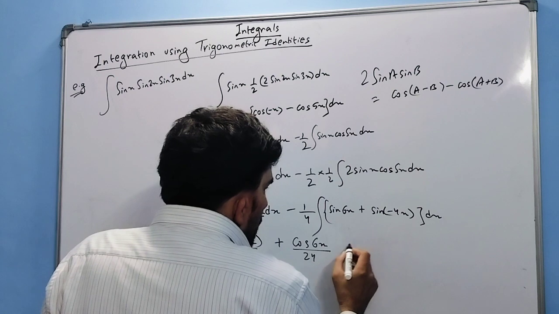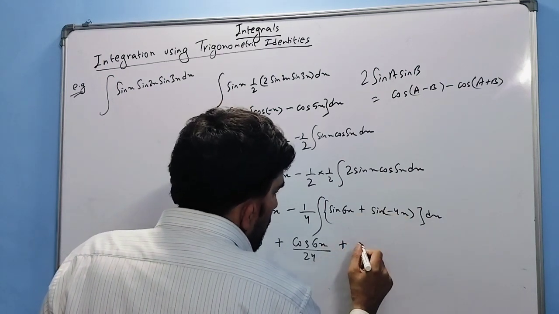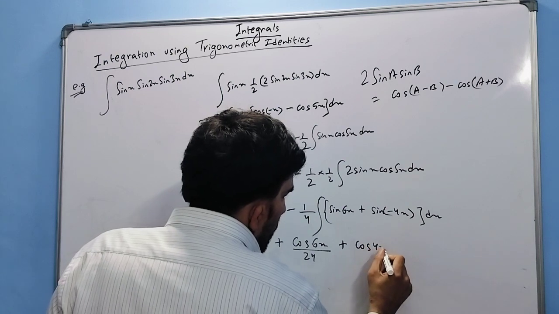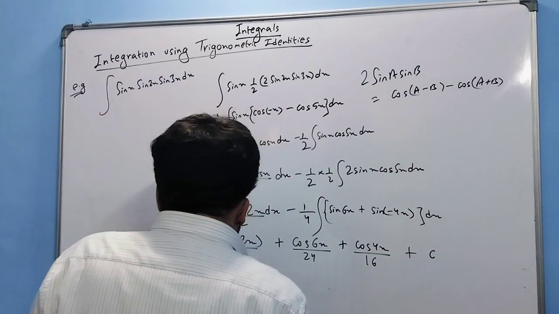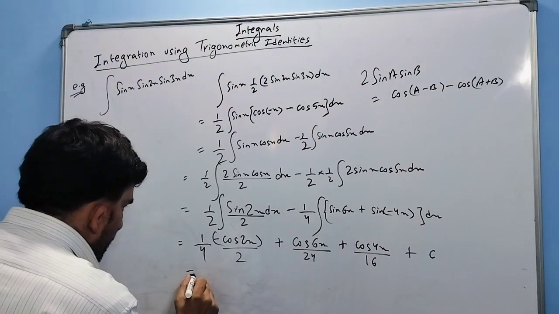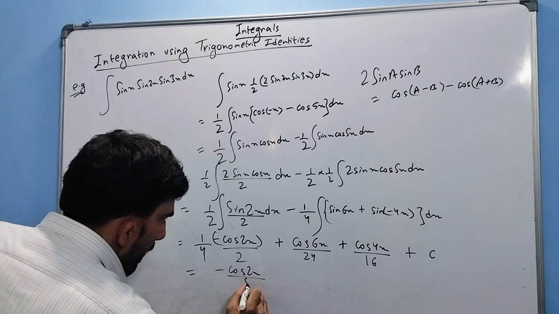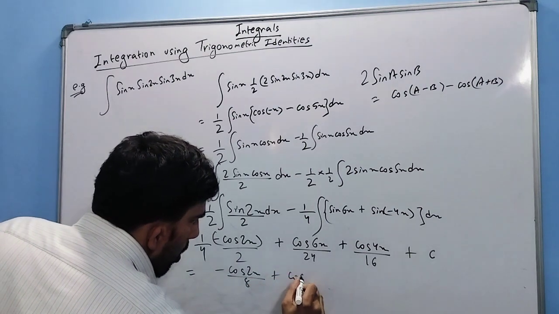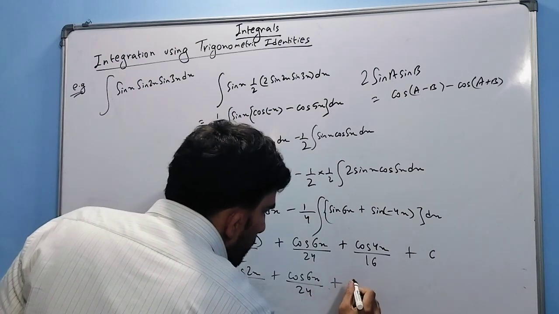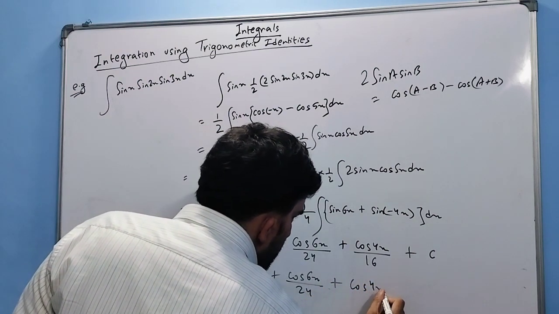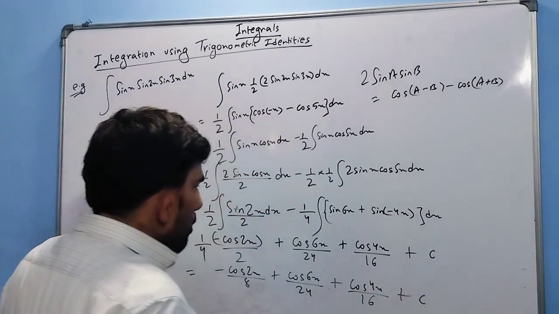Inside, sorry. So now here, what is the integration of sine? It will be plus only cos 4x upon 16 plus c. So now I can multiply here and I got minus cos 2x upon 8 plus cos 6x upon 24 plus cos 4x upon 16 plus c.